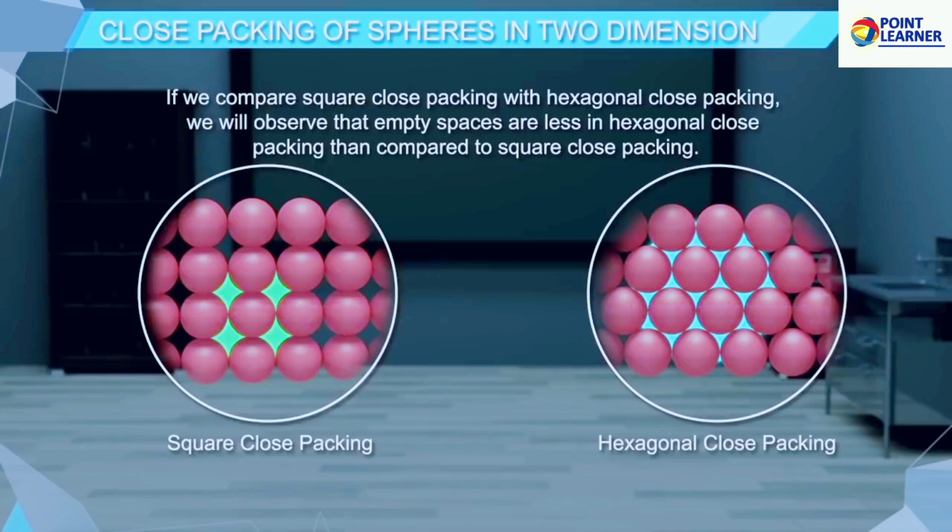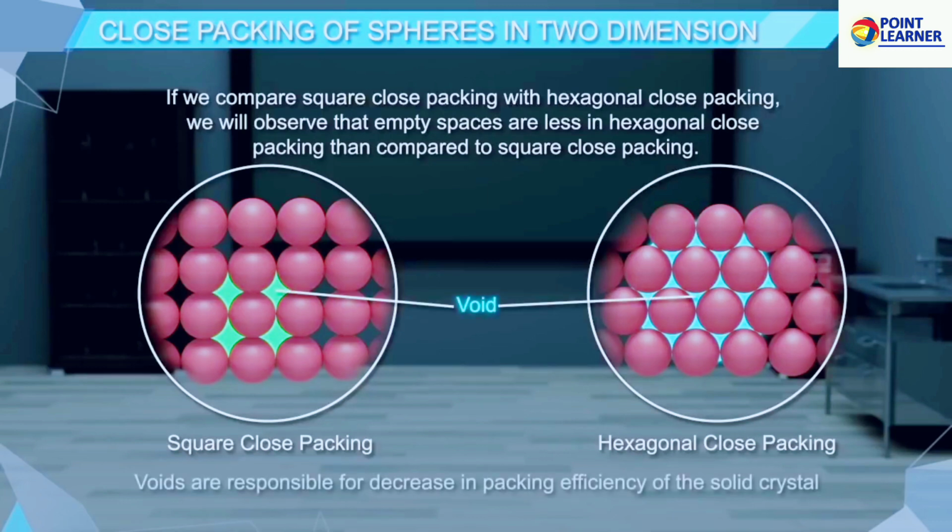Now, what are these empty spaces and what role do they play in packing efficiency? The empty spaces in between the spheres are known as voids. These voids are responsible for the decrease in packing efficiency of the solid crystal.